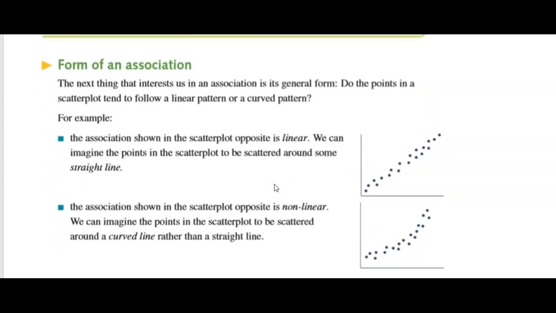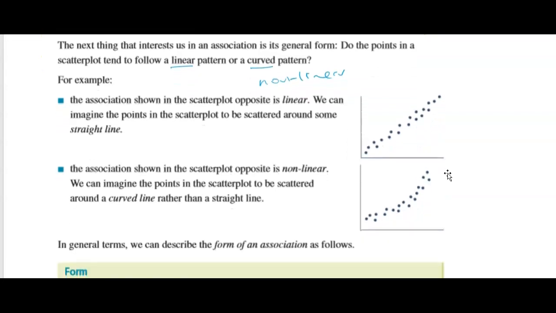All right, looking at form. We're looking for whether it's linear or if it's curved, which we call non-linear. So try to use that phrase non-linear. You can see here, this first one, it's not a perfect straight line, but it's quite linear.